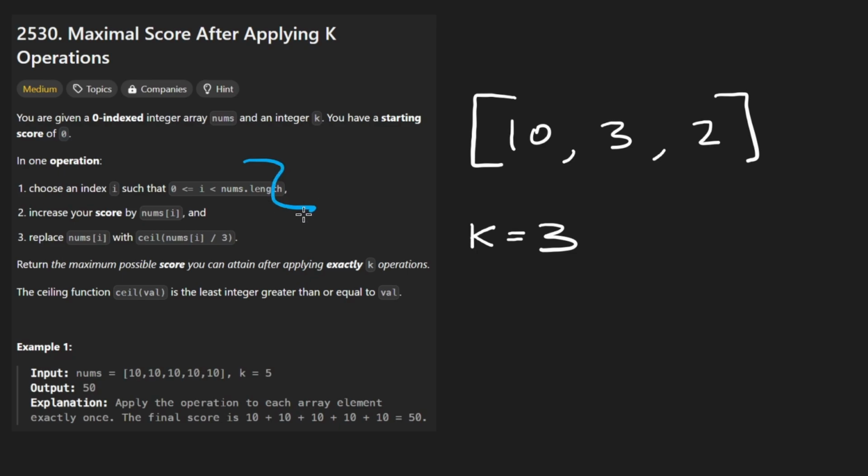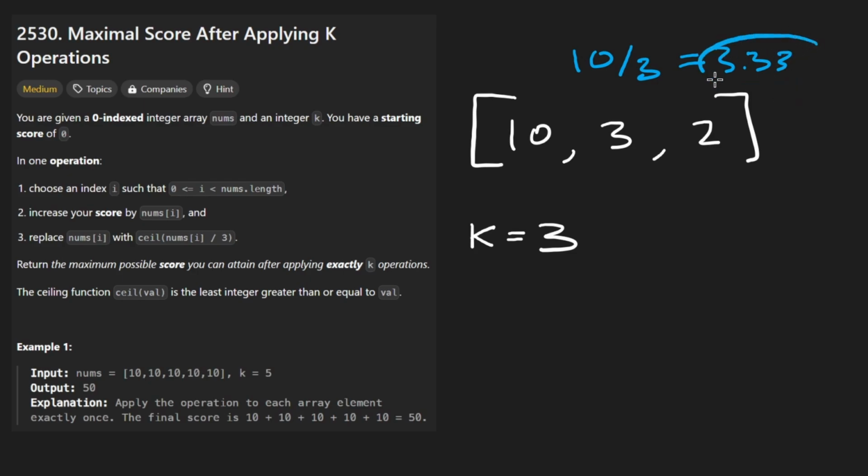In a given operation, we can pick any element that we have, and then we can increase our score by that much. So if our score is 0, after picking this element, it's going to be 10. Now, after picking an element, it's not actually removed from the array. We actually take that number, divide it by 3. So 10 divided by 3 is going to be 3.333, and keep going.